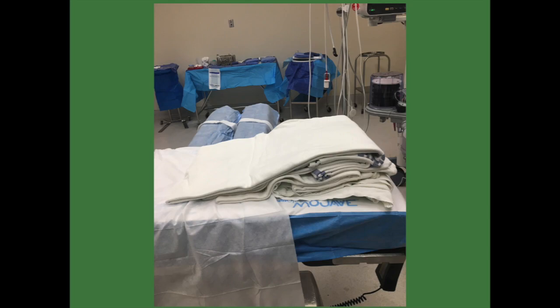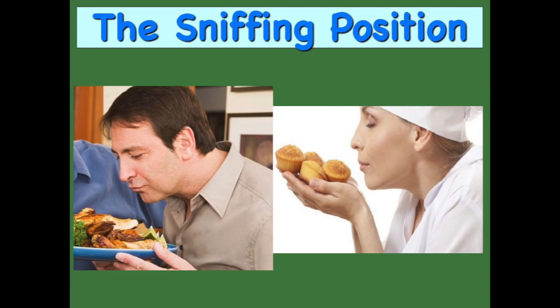That's the ideal position for breathing, and an ideal position for you to be able to work on the patient without getting into trouble, especially problems with laryngospasm. I've really emphasized the sniffing position. I think you've got that one down.